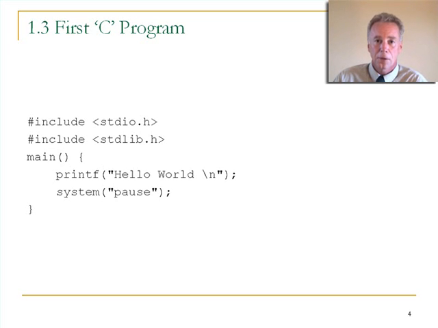This is not an interesting C program, but the mechanism for getting a C program to run is the interesting part. So let's go immediately, and I will launch the development environment and start right from the very beginning, and you can follow along with me step by step to create a C project and enter a C program.